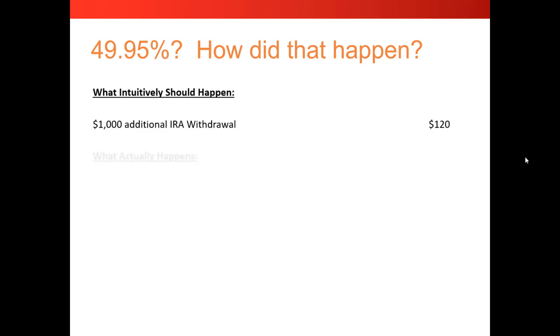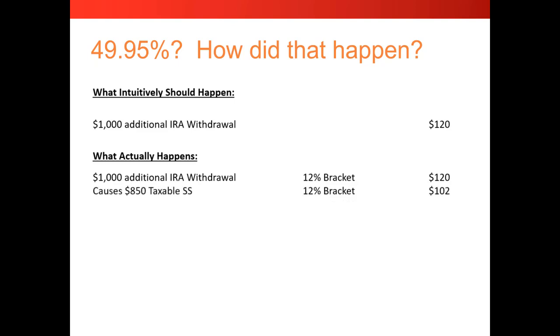But what happens in reality is that $1,000 IRA withdrawal does trigger $120 of federal income tax in the 12% bracket. But it also causes $850 of Social Security to become taxable that would have otherwise come through tax-free. That gets taxed also at a 12% bracket, creating $102 of additional federal income tax.